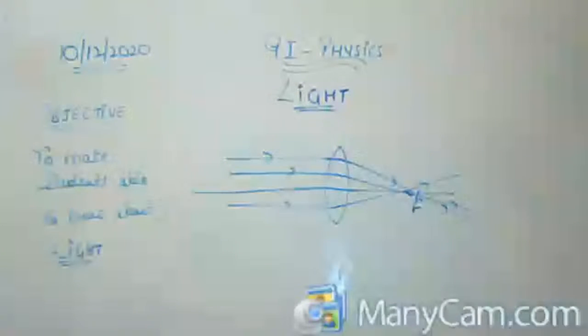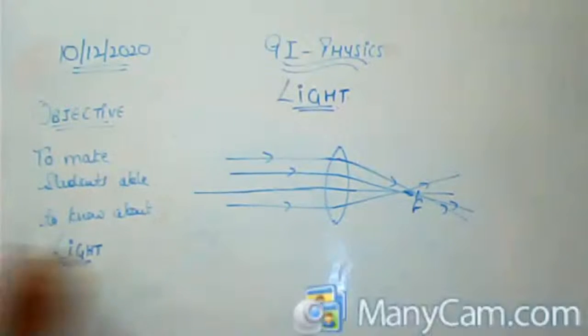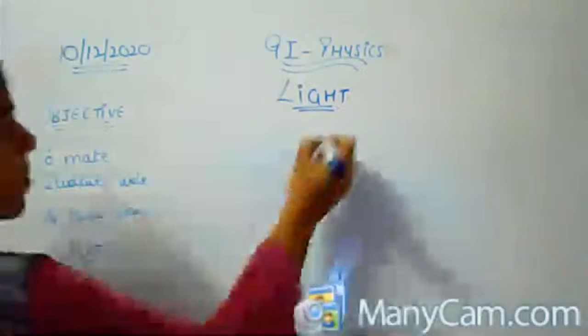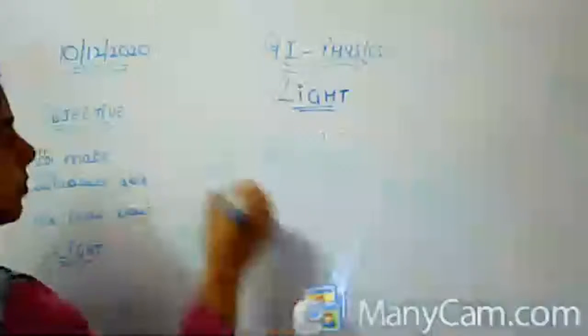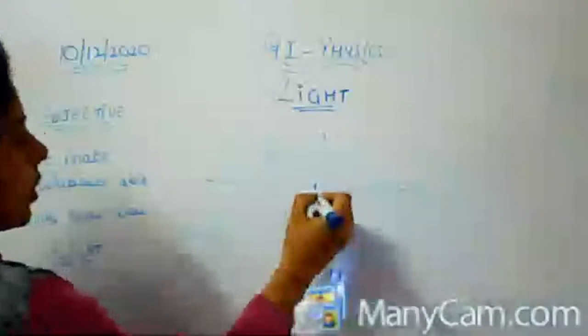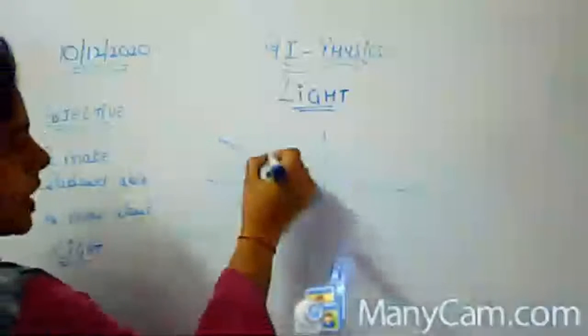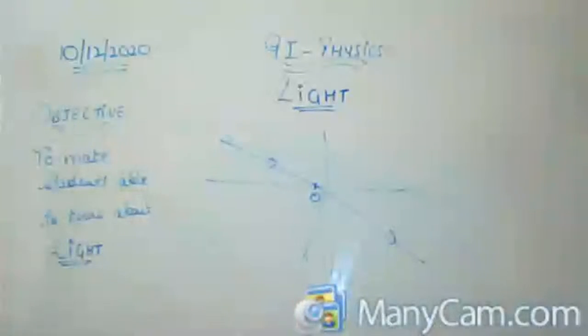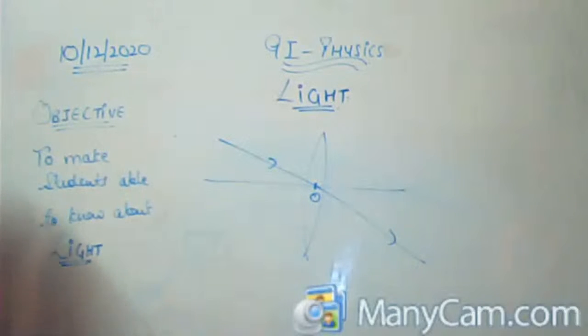When the ray is striking onto this O, it will go along that same path, it will follow ahead, there will be no bending. Fine.